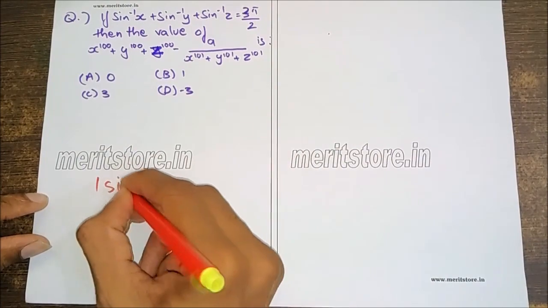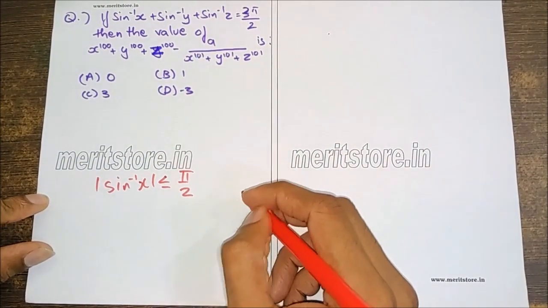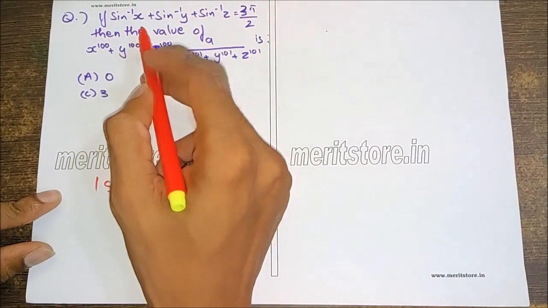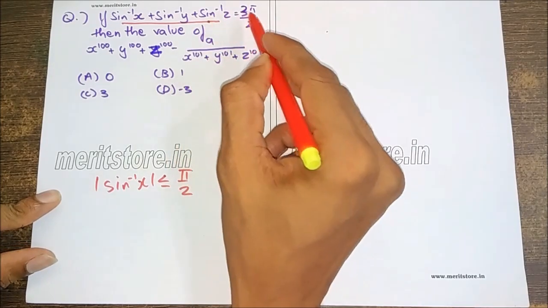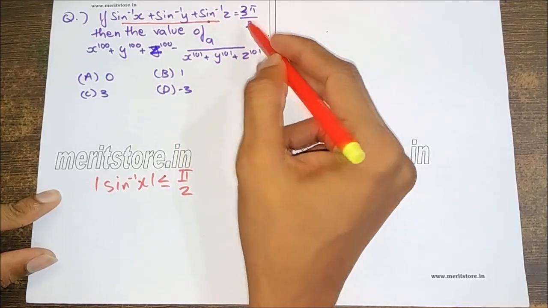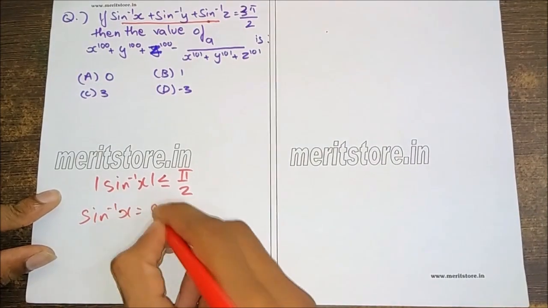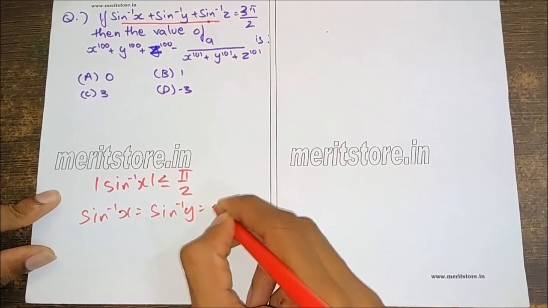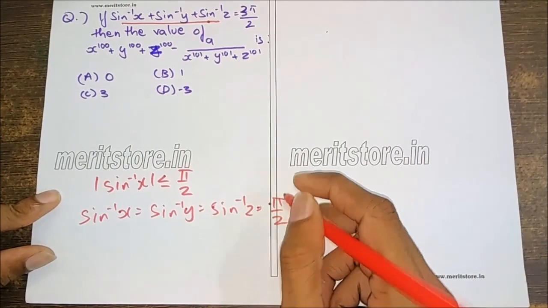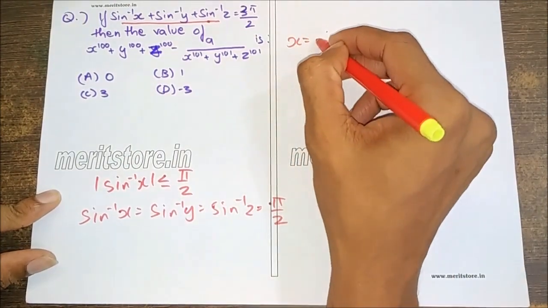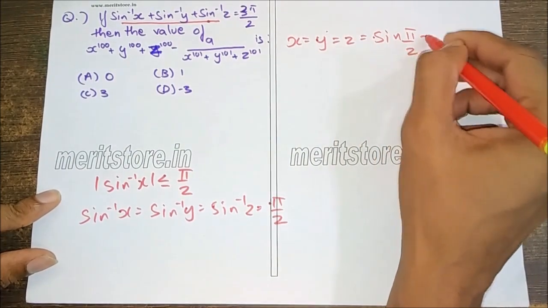Since mod of sin inverse x is less than or equal to pi by 2, we have sin inverse x plus sin inverse y plus sin inverse z equal to 3 pi by 2, where we can write this as sin inverse of x is equal to sin inverse of y is equal to sin inverse of z is equal to pi by 2, where we get x is equal to y equal to z equal to sin pi by 2, which is equal to 1.